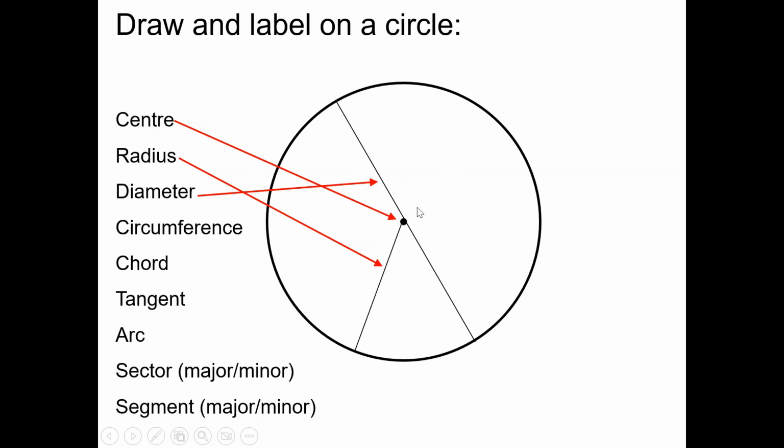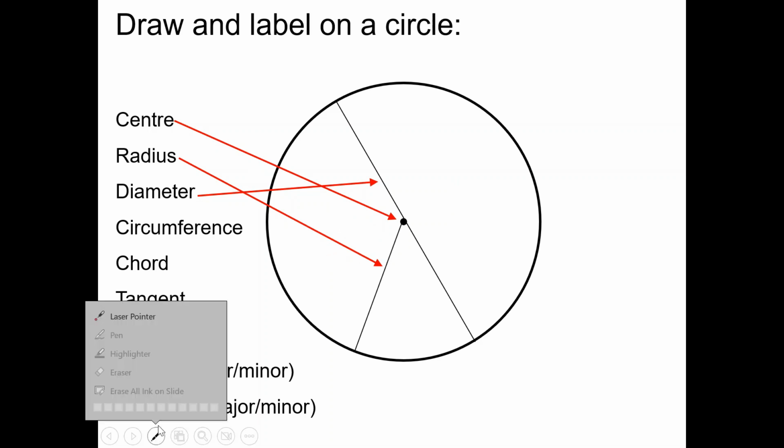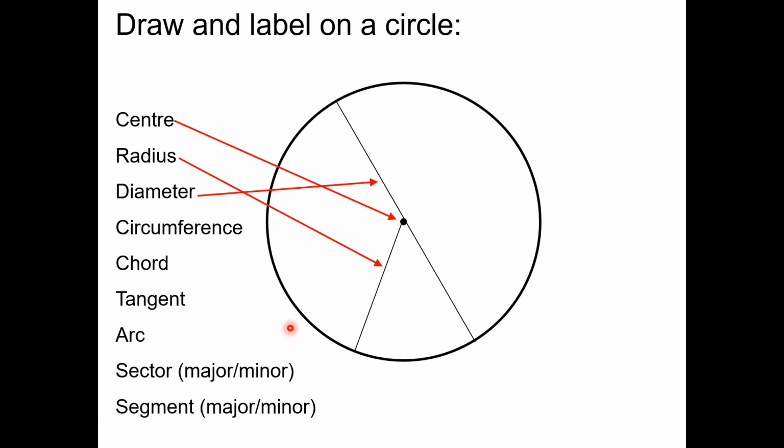This is one part and this is another part. In this case, we are going to call each part a semicircle, that is half of a circle. Now, the circumference is just the outline of the circle.